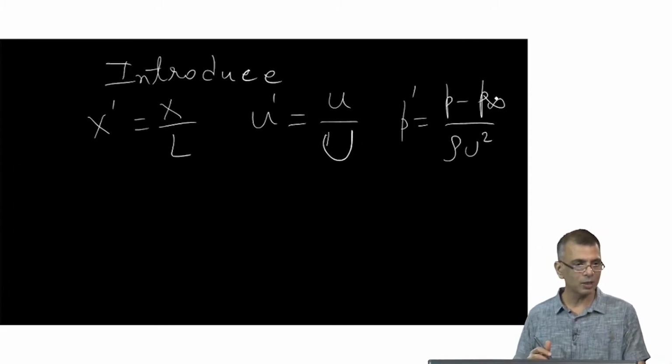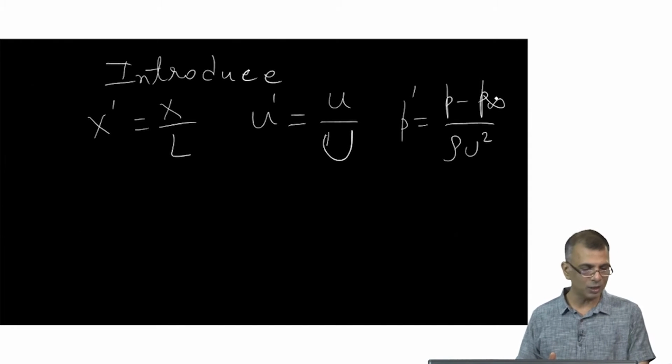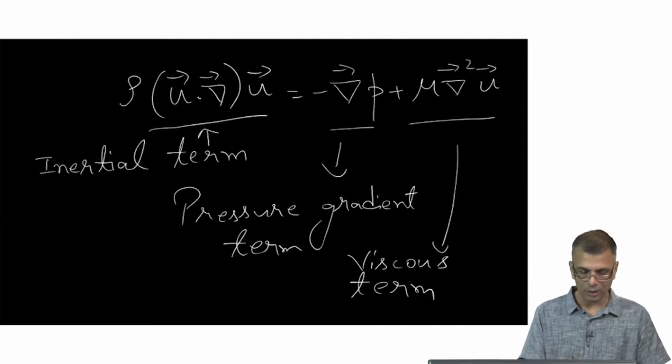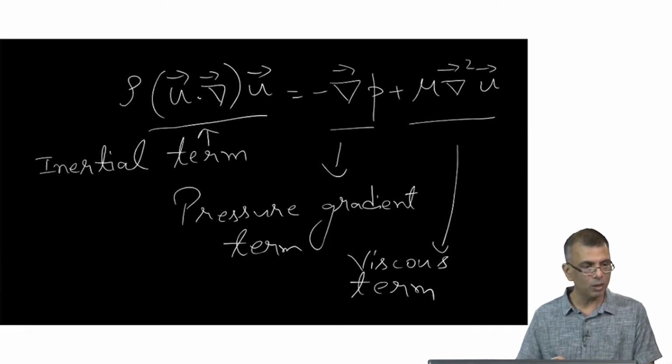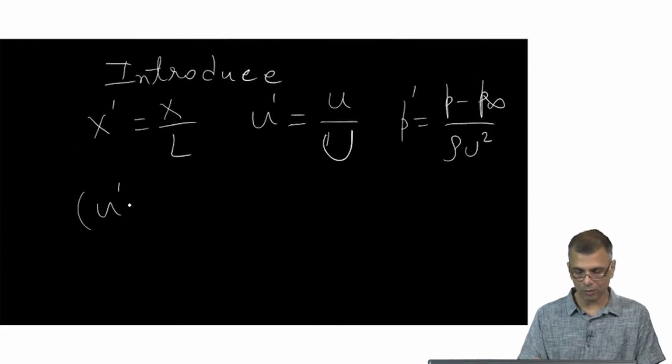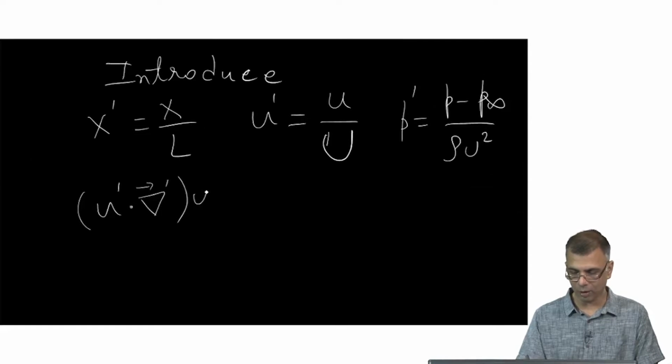If this is the case, then the steady state equation of motion, which we wrote down in the previous class, can now be written in terms of these non-dimensional variables. Notice, I really should be having vector signs over all of this.